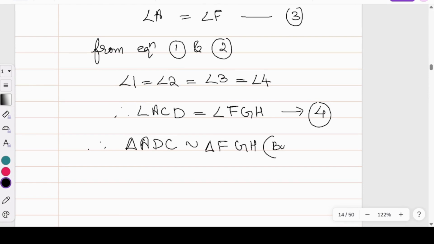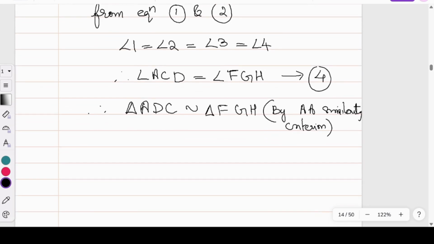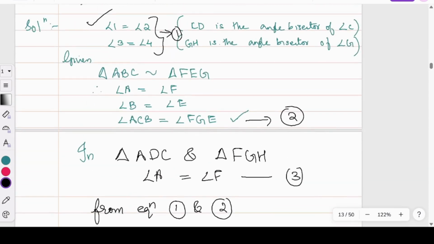By AA similarity criterion, we can prove that triangle ADC and triangle FGH are similar, right? Now, if these two triangles are similar, automatically we can write that the corresponding sides, meaning sides opposite the included angles, are proportional.